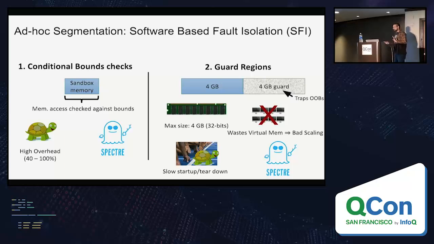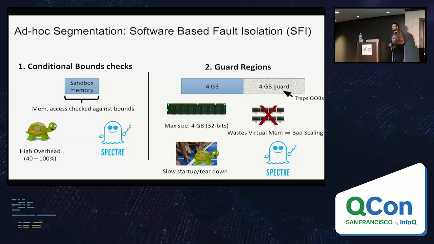So what is the alternative? The alternative, again, is software-based fault isolation. To me, software-based fault isolation is poor man's segmentation, where we don't have hardware segmentation, so we do this in software. How do you do this in software? Two ways. The simplest way you could think of is to add bounds checks to every load and store.